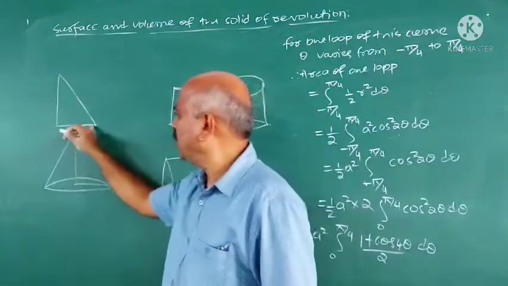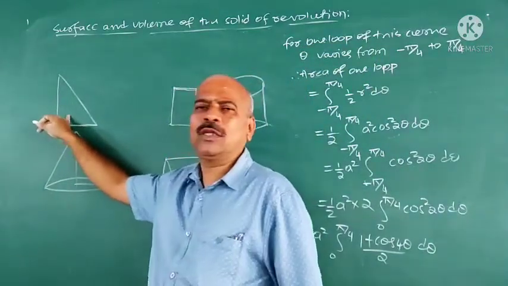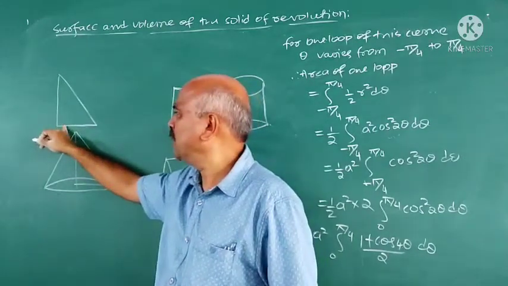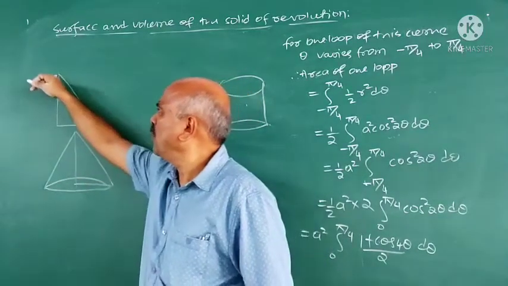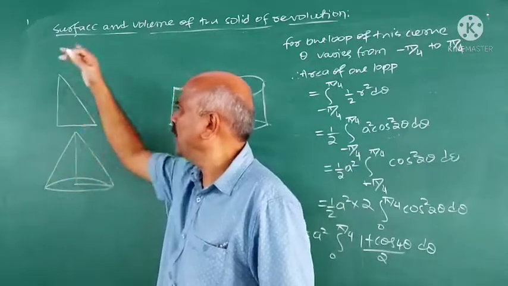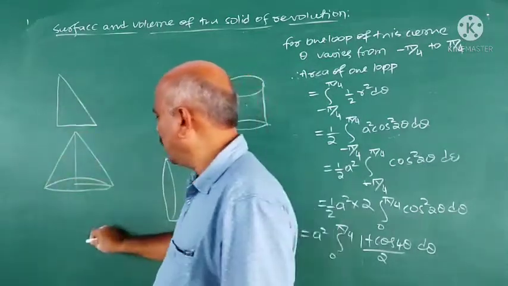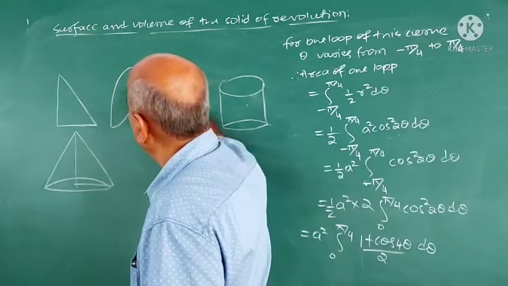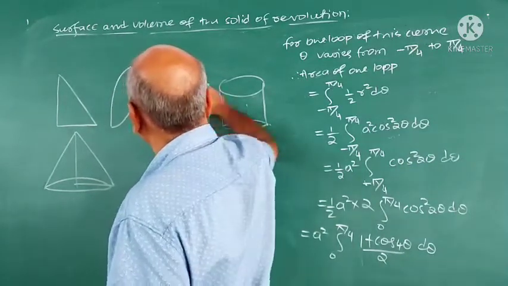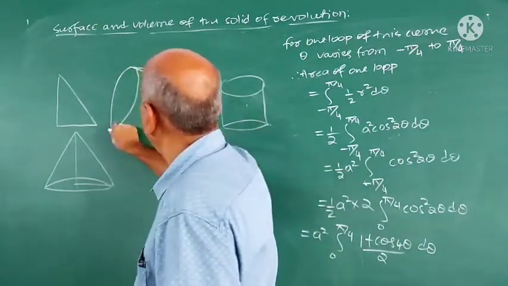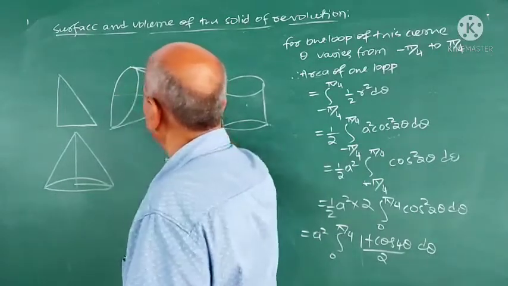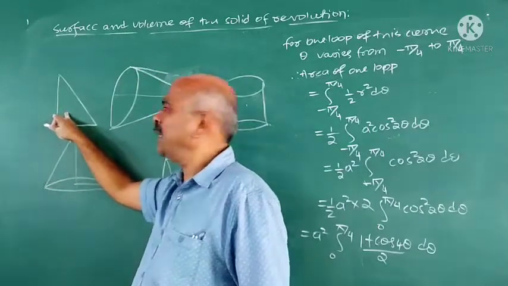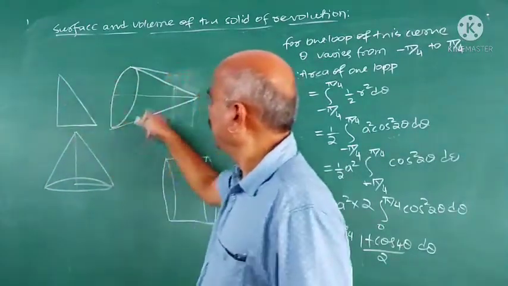It is obtained by revolving this area bounded by the right angle triangle about this side. Suppose we revolve about this side. That means we revolve like this. What do you get? We get this type of cone. If we revolve this same area about this side, we get this type of right circular cone.